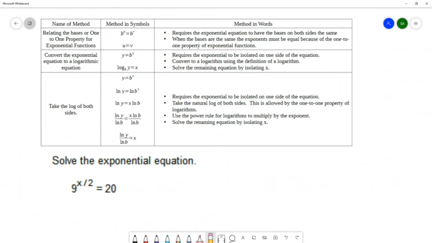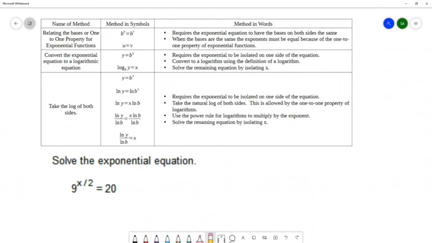And in this method, you try to make the bases the same on both sides, so that you can use that one-to-one property and say that the exponents are equal to each other. And if you look at the bases in our example, we have a base 9, and 9 is the same thing as 3 squared, so you could change that to a 3, but 20 is not an exponential expression and can't be changed to 1.